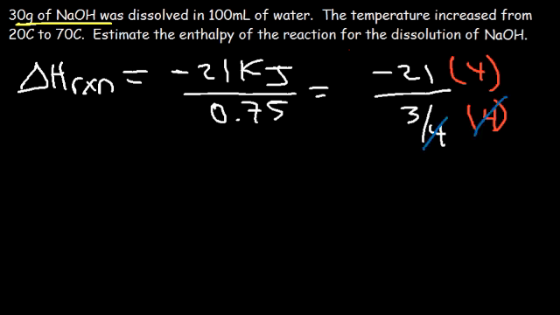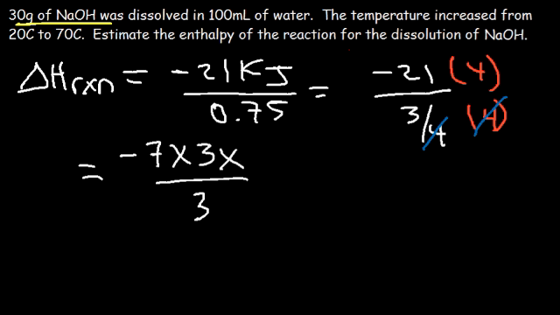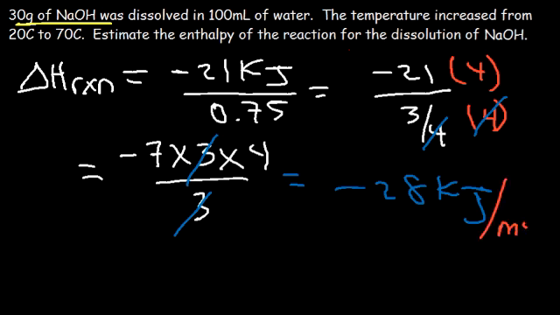So here the 4's will cancel. And so on top we have 21 times 4, and on the bottom we have 3. Now 21, we can break that into 7 times 3. And we also still have the 4 on top, so we can cancel the 3's. So then this is just negative 7 times 4, which is negative 28. So negative 21 divided by 0.75 is negative 28. So this is negative 28 kilojoules per mole.